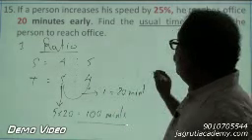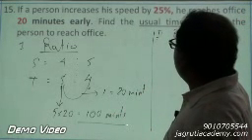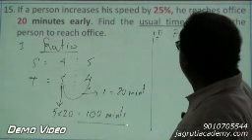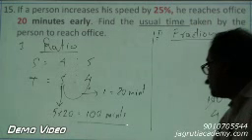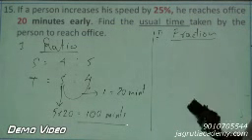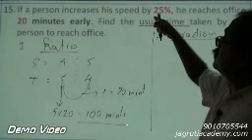Now the second method is the fraction approach. What is this fraction approach? Now what part of the speed has increased? 25%.